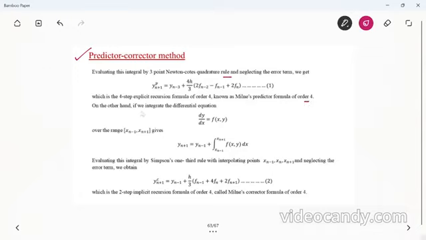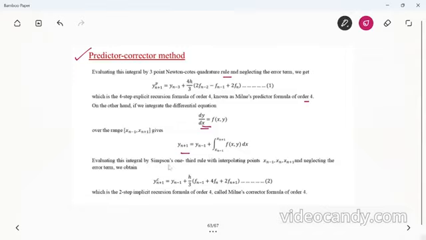On the other hand, if we integrate the differential equation dy/dx = f(x,y) over the range x(n-1) to x(n+1), which gives y(n+1) = y(n-1) + the integral from x(n-1) to x(n+1) of f(x,y) dx.